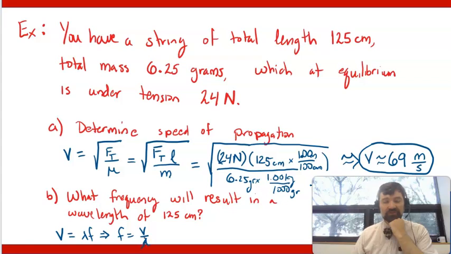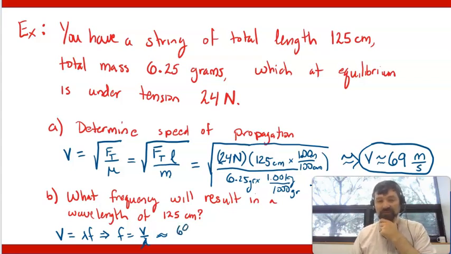So now we have to divide this speed, and again, I've got it in my calculator, 69.2820, and we divide it by the wavelength, which we're going to want to actually convert over into meters.